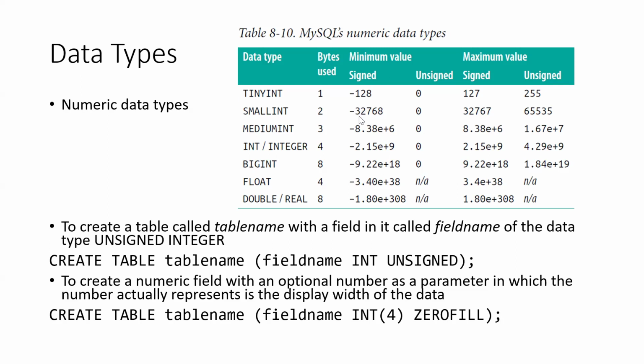Because signed goes from minus 32,768 to 32,767, whereas if you say unsigned, it can go from 0 to 65,535. So that's the idea.